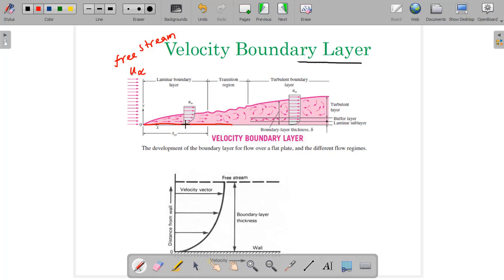That means if you go perpendicular to the solid surface, you will find that the velocity is continuously varying as you move in the upward direction, the y direction.